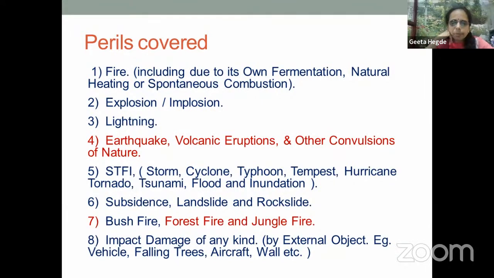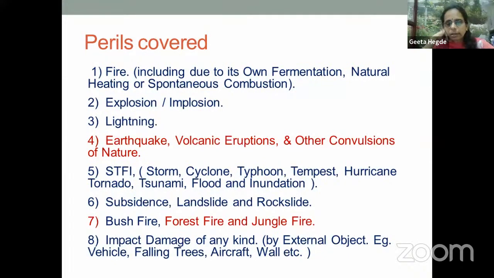Now under SFSP policy, bushfire was covered inbuilt in the basic premium. However, forest fire was an add-on cover. In the Laghu policy, you will see that all has been combined under one peril, that is bushfire, including forest fire, and jungle fire also is covered as a single peril.